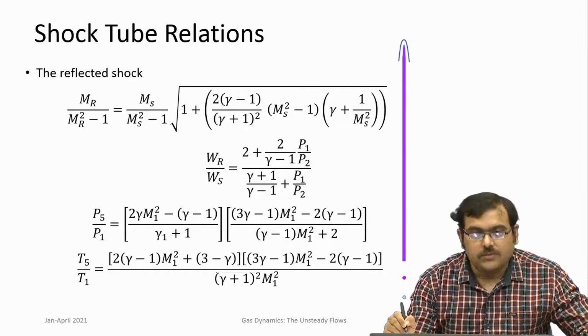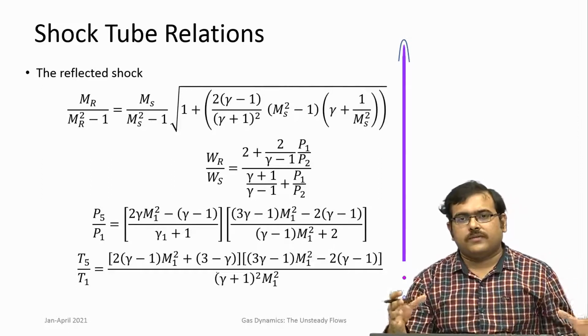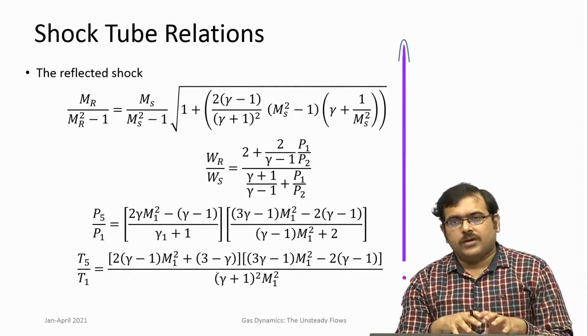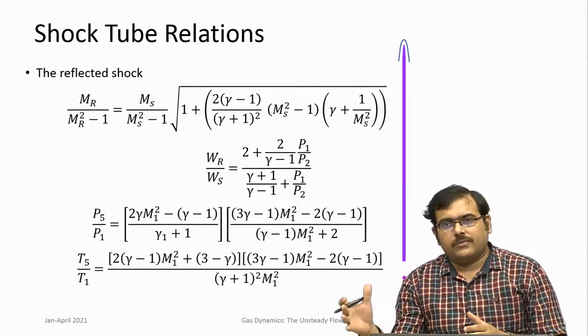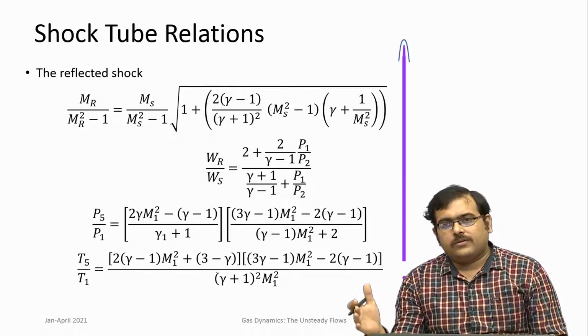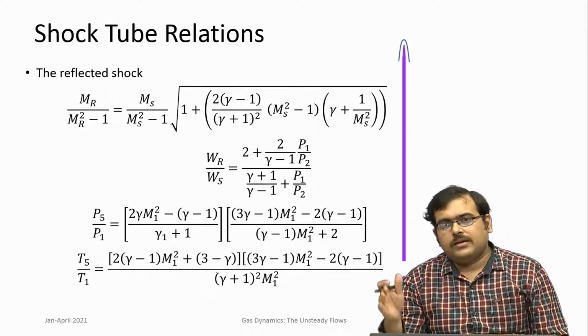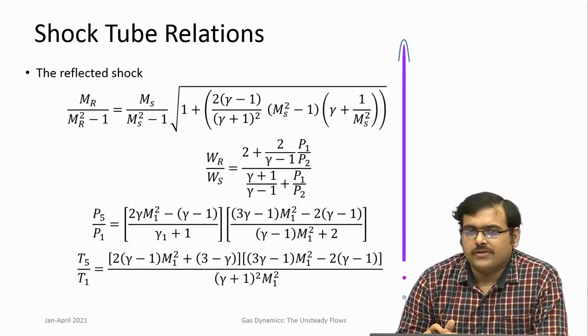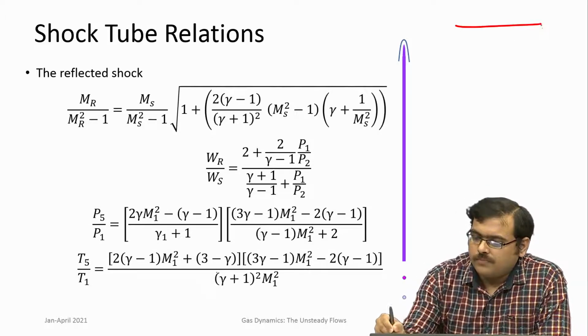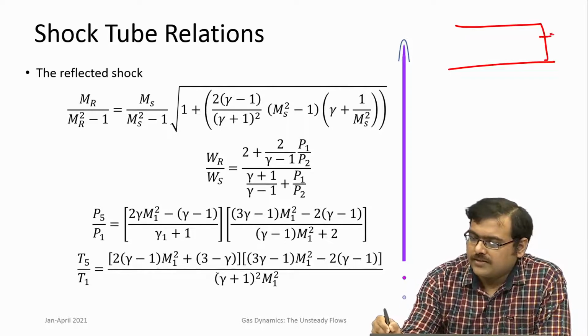Okay. Now, the other case that we have to consider is there is a possibility that the shock can go all the way to the end wall, and there at the end wall suddenly, abruptly, the velocity has to be brought to 0, which is the no penetration condition. It is an end wall, so there is no penetration inside.